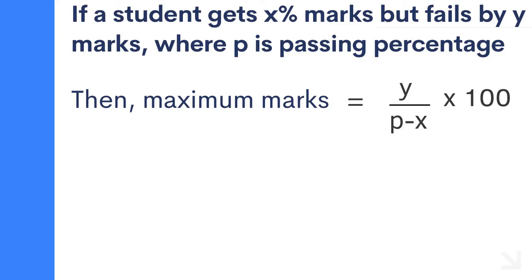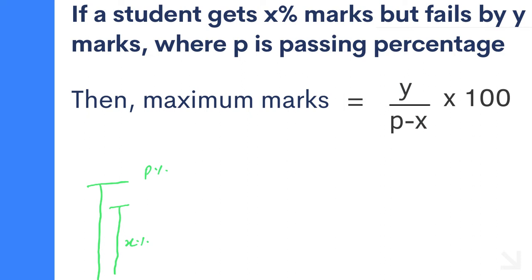Let's see this concept. This concept says: if a student gets X percentage marks but fails by Y marks, where P is the passing percentage, then how will you calculate maximum marks? You can use this formula directly, or I will explain it. Suppose this student gets X percentage marks, and this is P percentage marks.